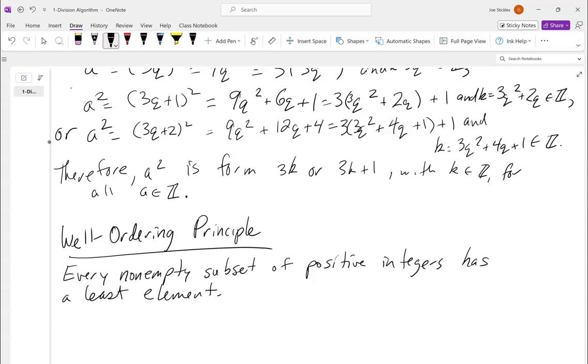You can use this to prove the division algorithm.